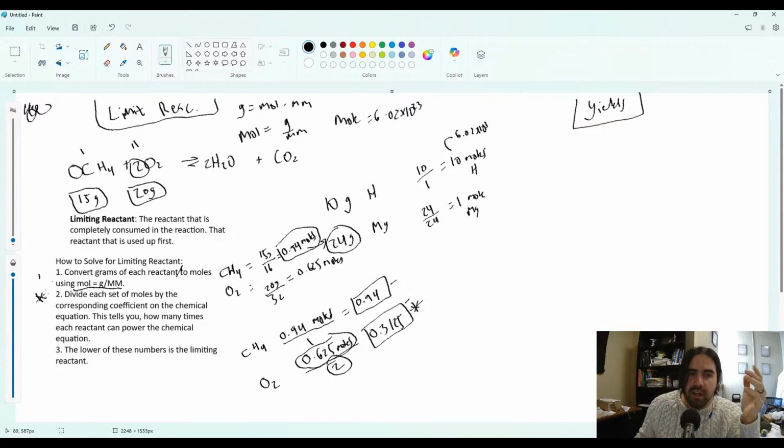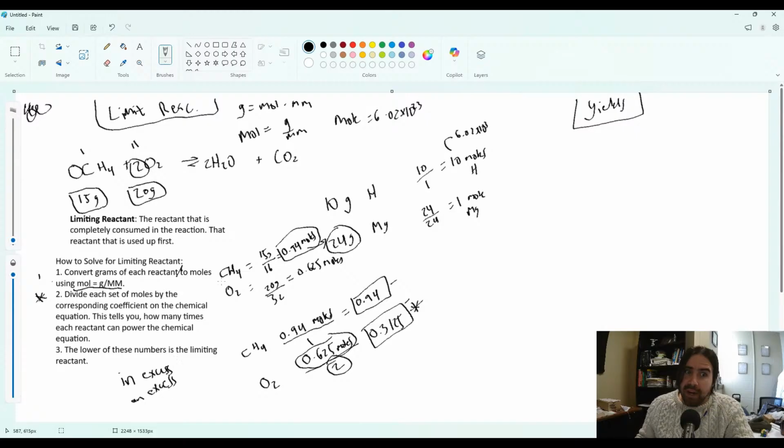Okay. The other thing that you'll see sometimes is you'll hear the term in excess. So how I would phrase this question would be something like, let's say that you have 15 grams of CH4 and an excess of oxygen. One reactant is described in terms of excess, right?